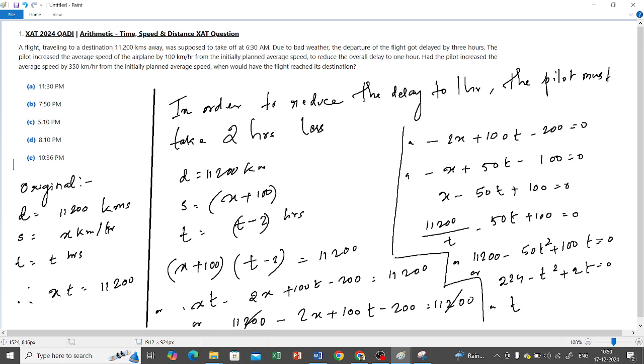If I take 2 minus common, this will be minus.